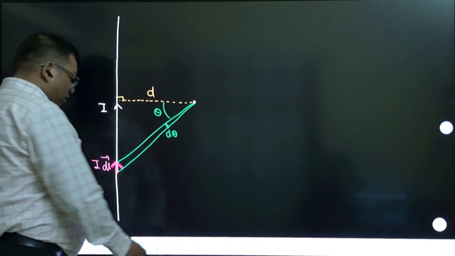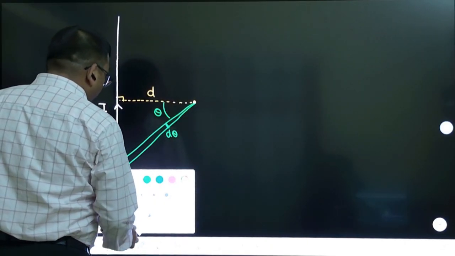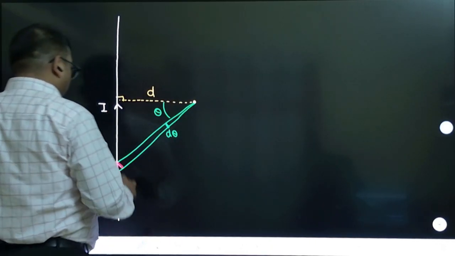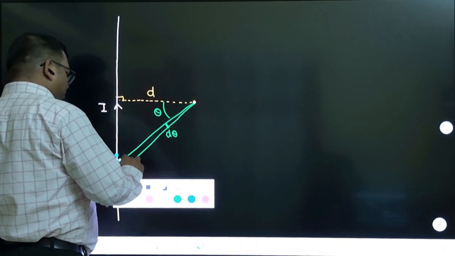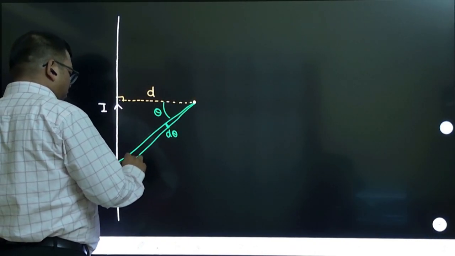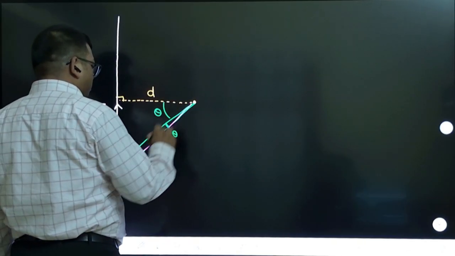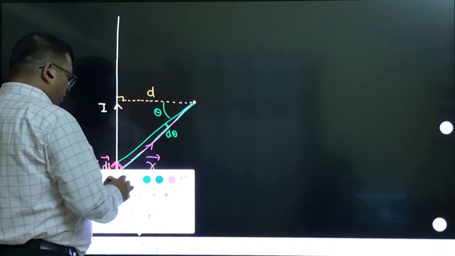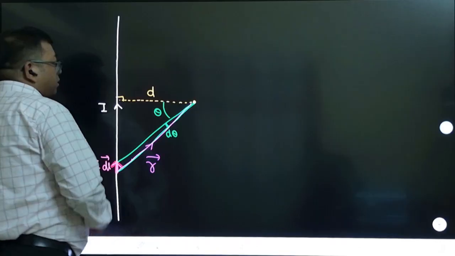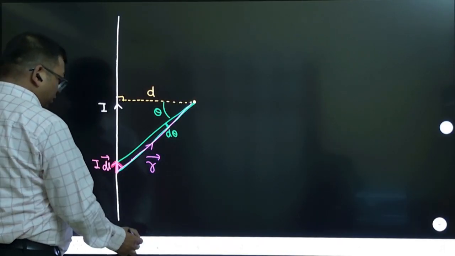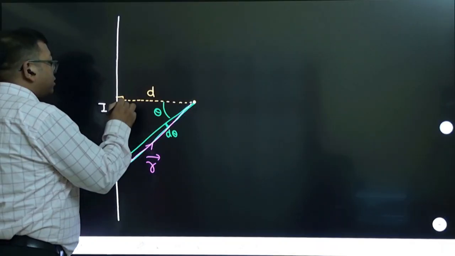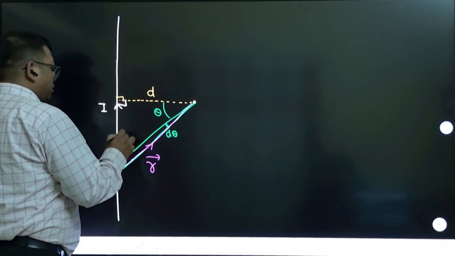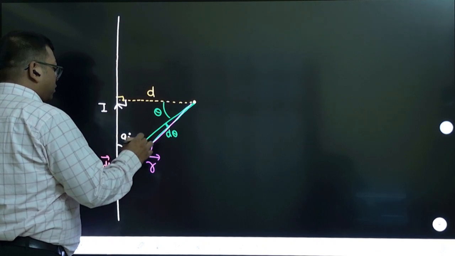Due to this we should also note the r factor, which goes from here to here. If I take this angle as theta, then this angle will become 90 minus theta, because this is 90 degrees.